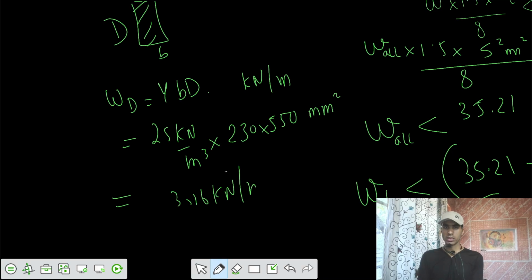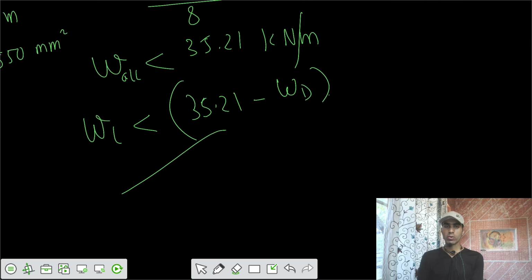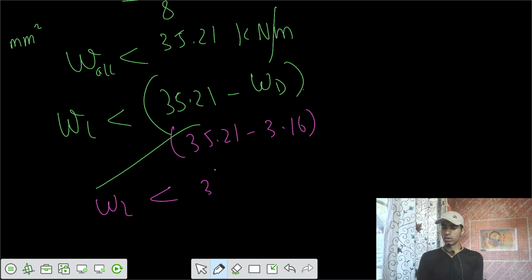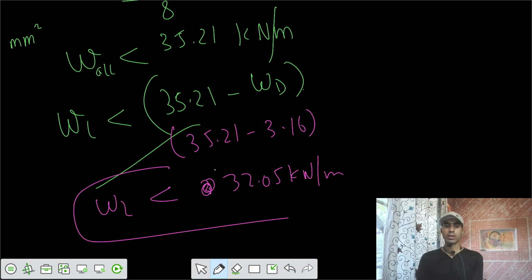kilonewton per meter. So what should be the live load we have to apply? The live load we have to apply is equal to 35.21 minus 3.16. So the live load should be less than or equal to 32.05 kilonewton per meter.